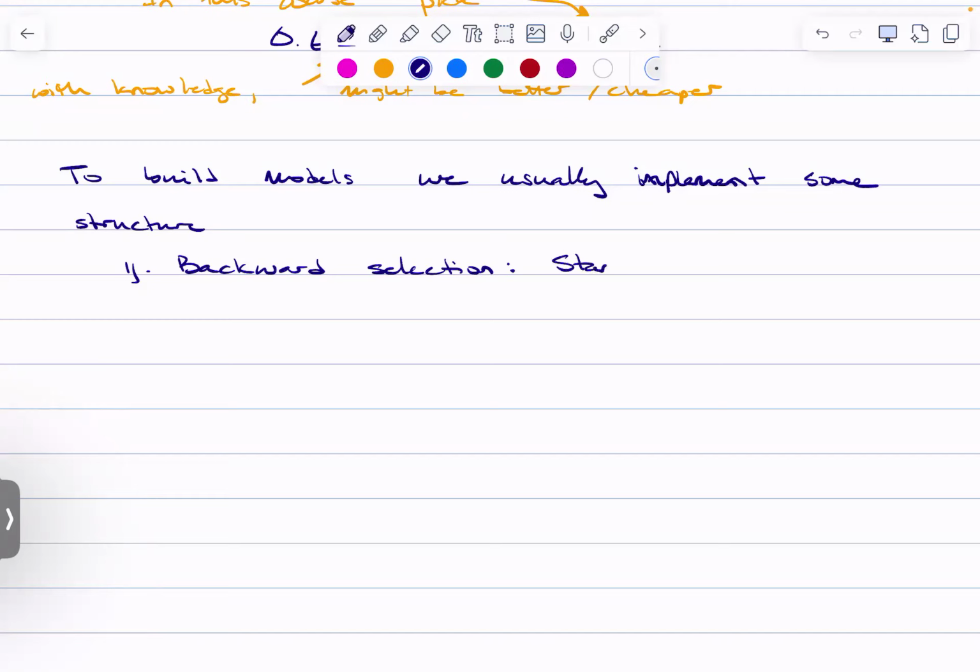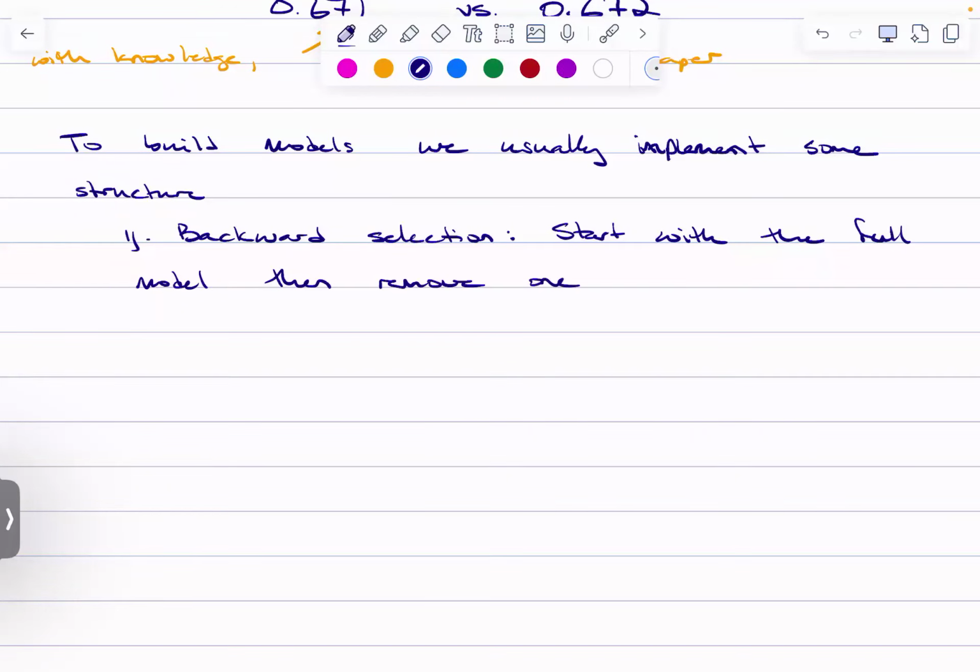So start with the full model, then remove one predictor at a time, and rerun the model and review your adjusted R-squareds, and then pick the one with the highest adjusted R-squared.